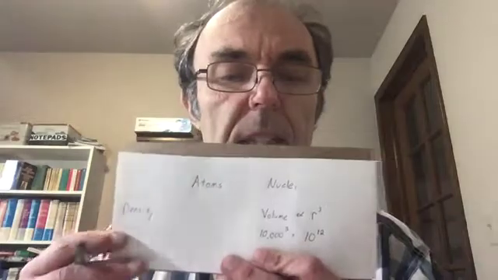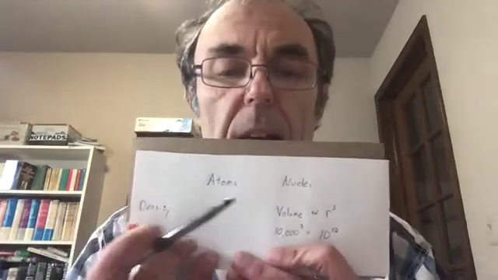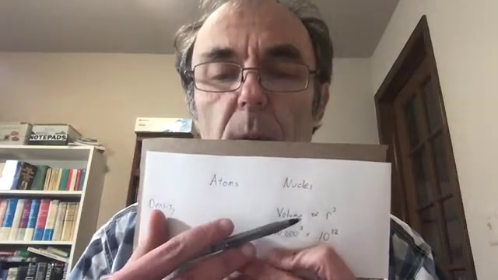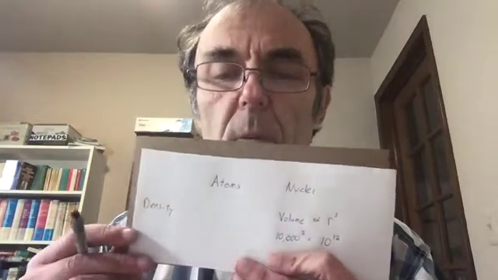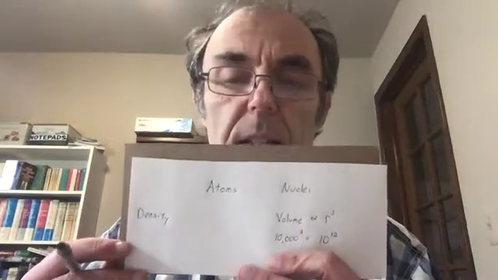Well, now let's compare density. Density is mass per unit volume. Atoms and nuclei have roughly the same mass, but the volume is much, much smaller in nuclei. Density is going to go as 1 over the volume, and volume changes with the cube of the radius. So volumes tend to change with the third power of the linear distance.